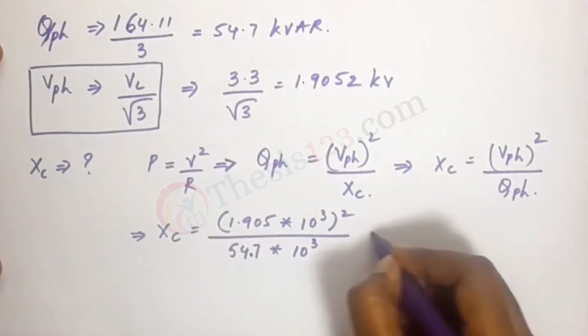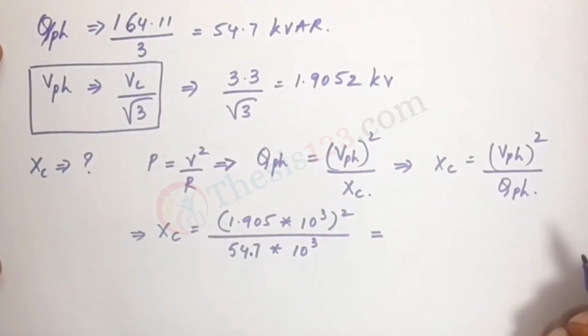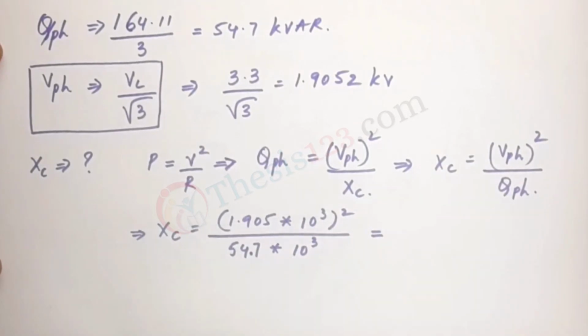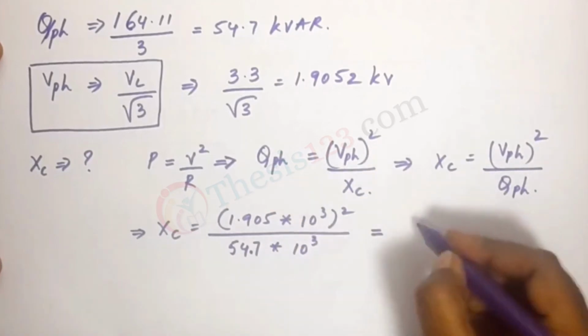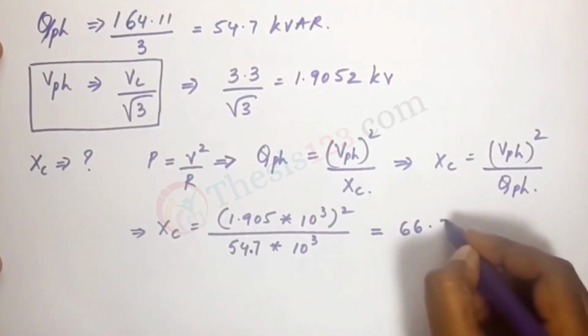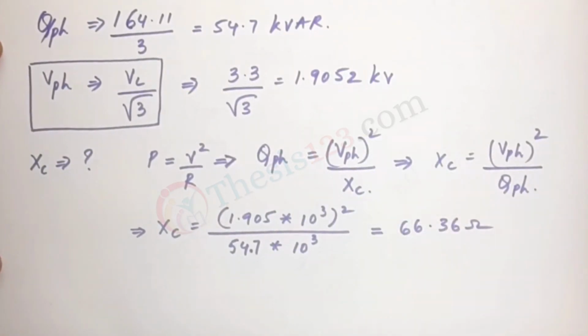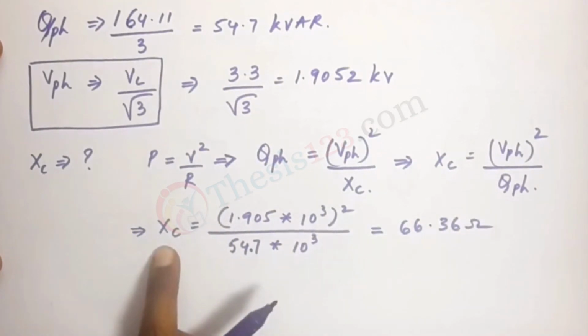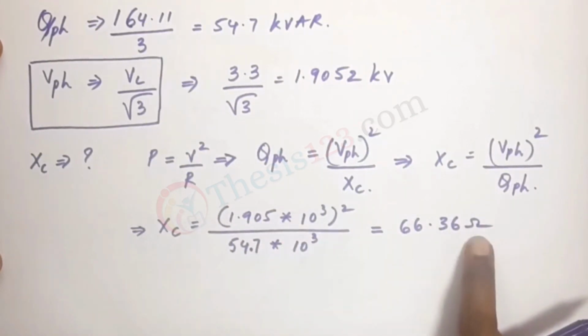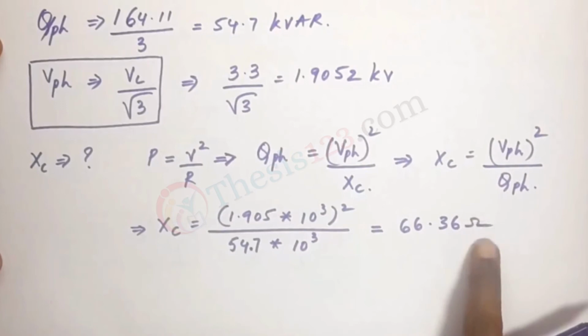If you solve this, we would get 66.36 ohms. This is capacitive reactance. The units are in ohms.